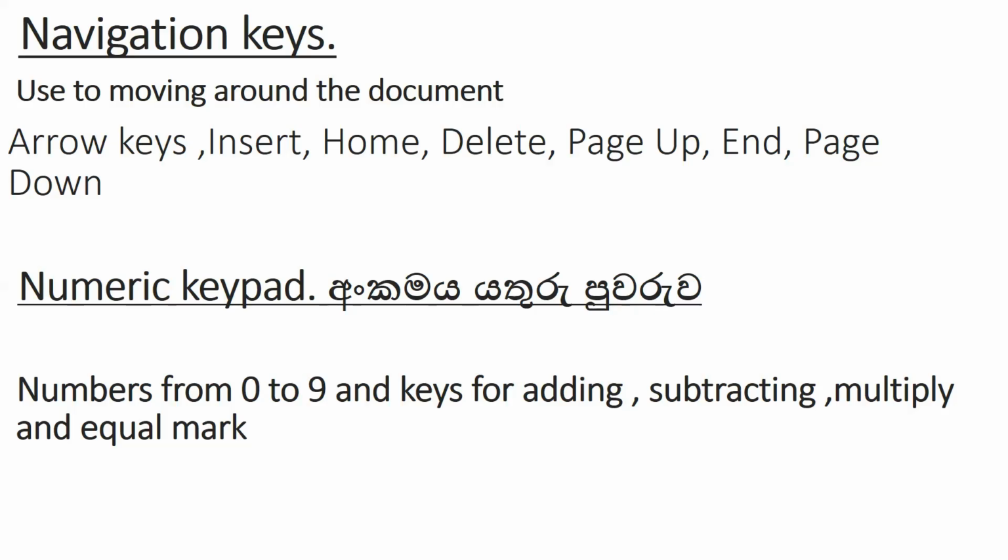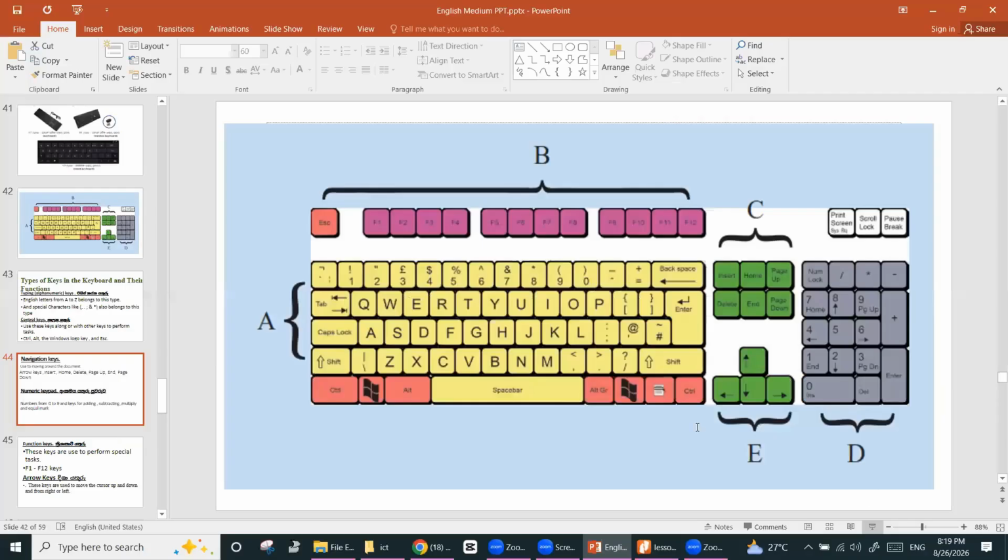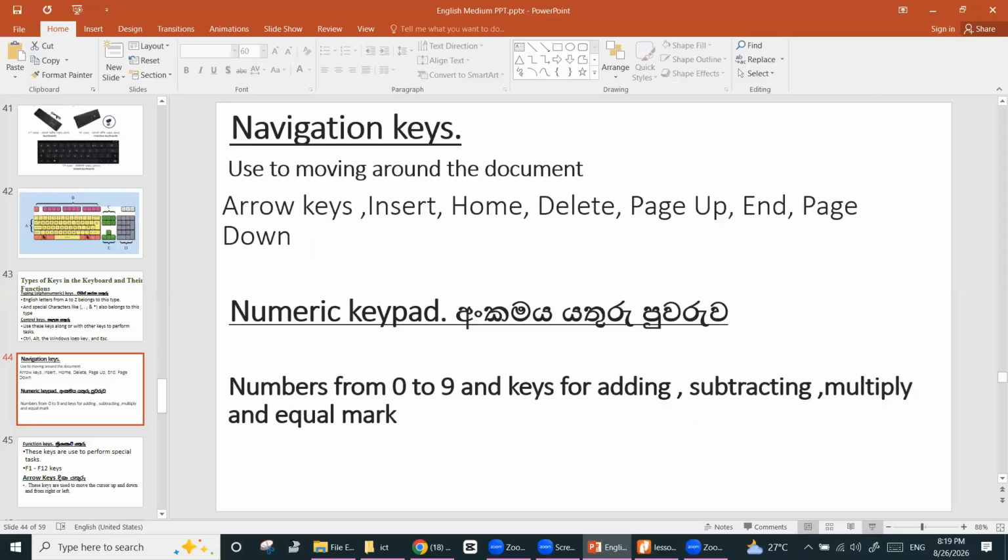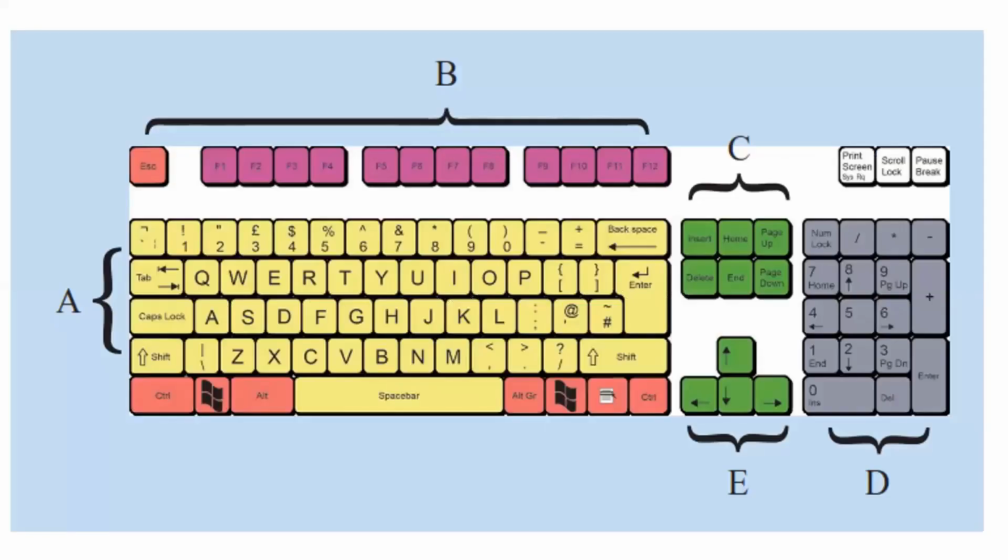Let's identify them and let's write down the remaining keys. Okay? Right. Which color do we use to indicate the numeric keypad? Yes, Dinuki. What's the color we use? Here, which color do we use to indicate the numeric keypad?